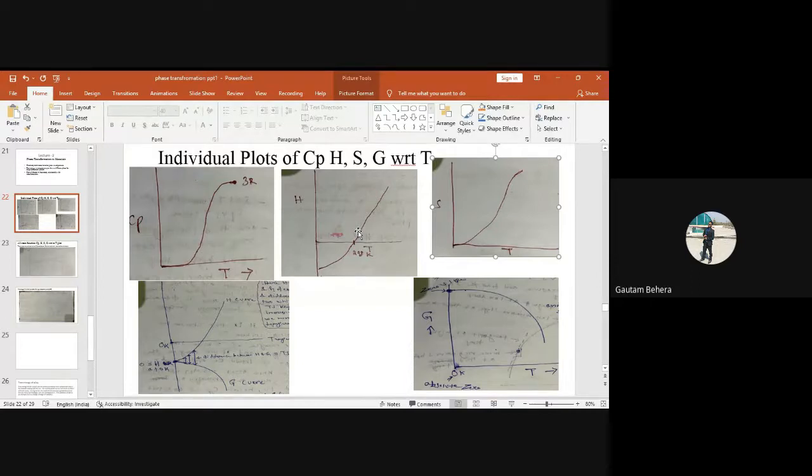Okay, can anybody define what is heat? What is heat? Can anyone define heat in a simple way?